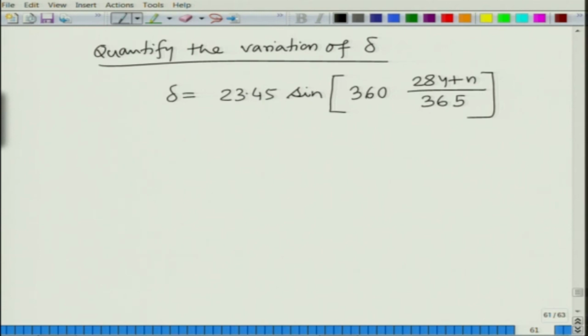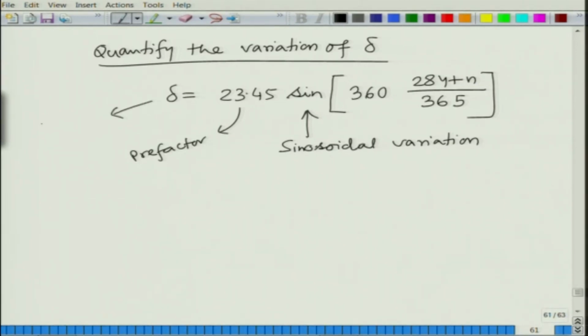Okay. So, this is how declination angle changes. You can see that it has a variable portion, which is a sinusoidal variation, and this is the prefactor, and of course, this whole thing is expressed in degrees.